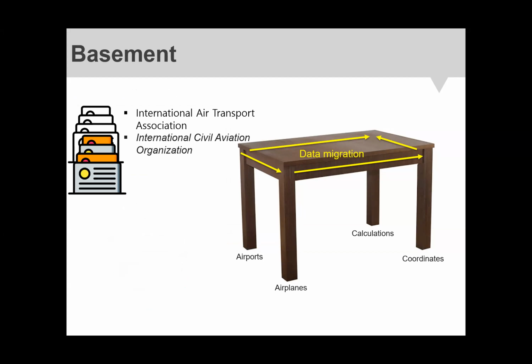As you can see here on the screen, we have two different systems. The International Air Transport Association provides one standard to classify airports and flights, and at the same time we have another classification, from the International Civil Aviation Organization.